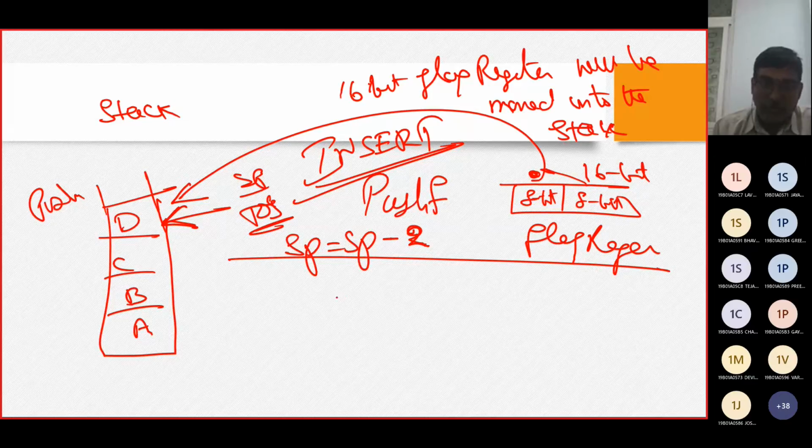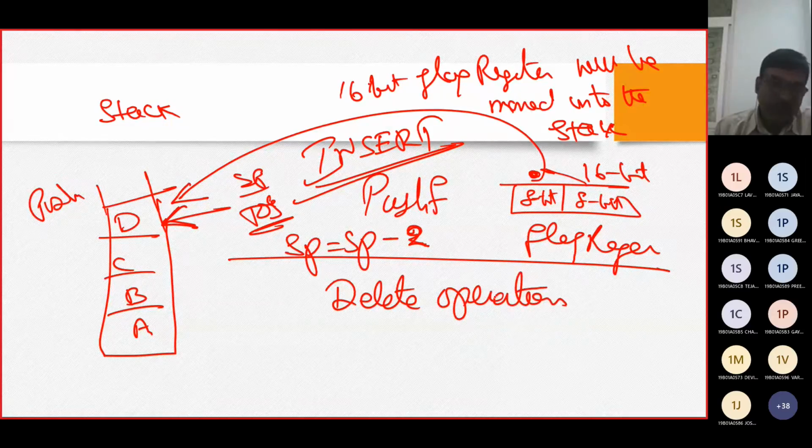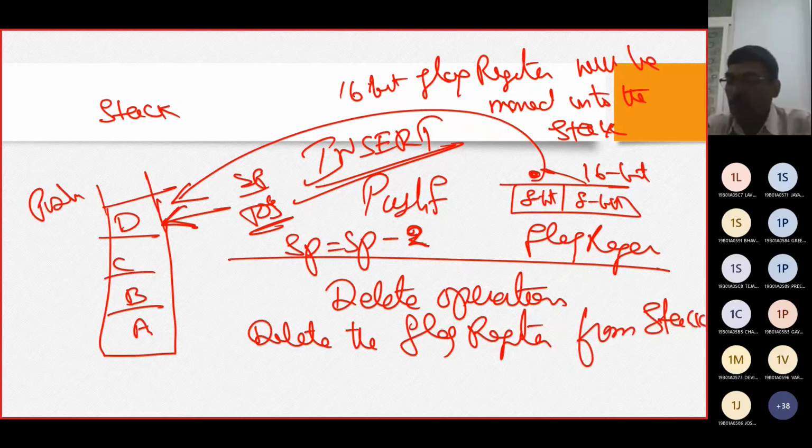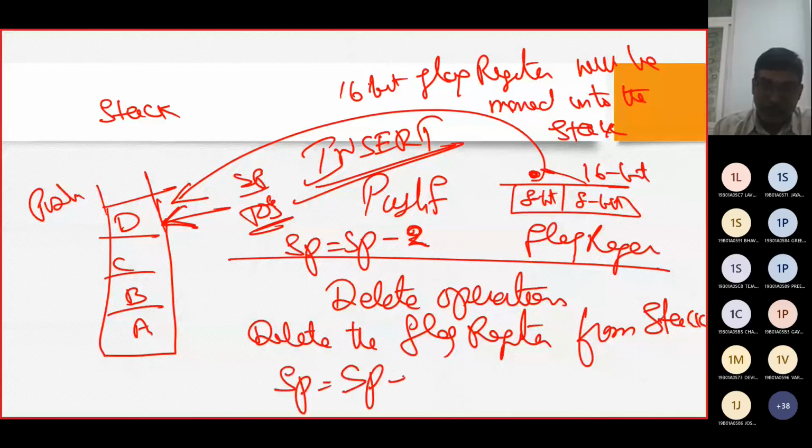Next was to make a delete operation. How can I delete the flag register from the stack? We need to delete the flag register from the stack. How is it possible? It is possible with an operation by incrementing the stack pointer by 2.